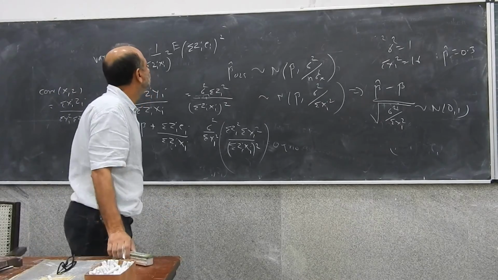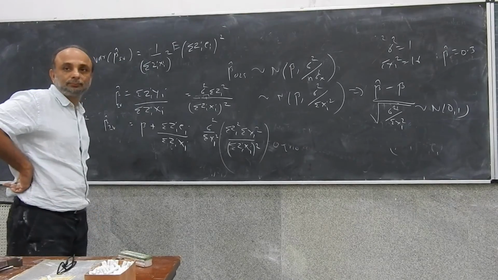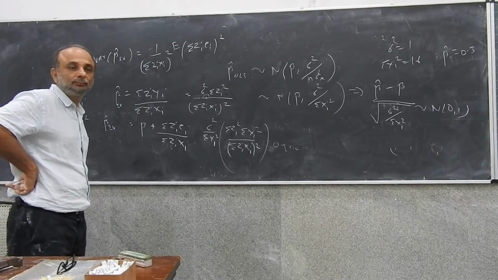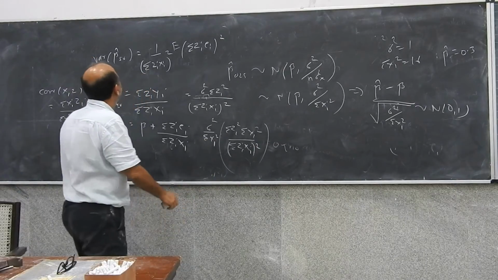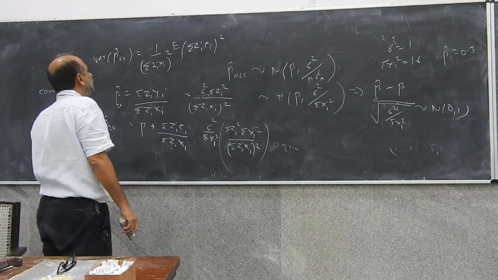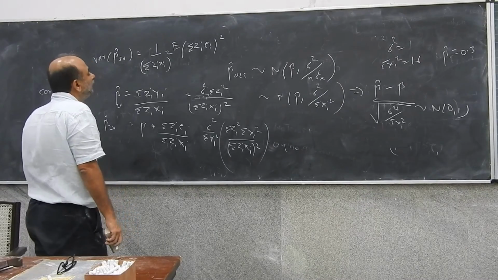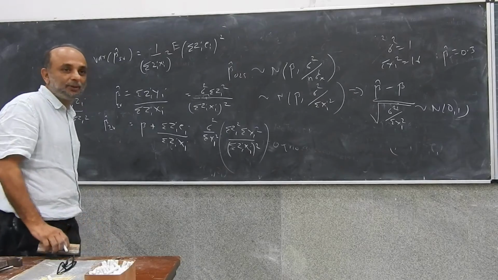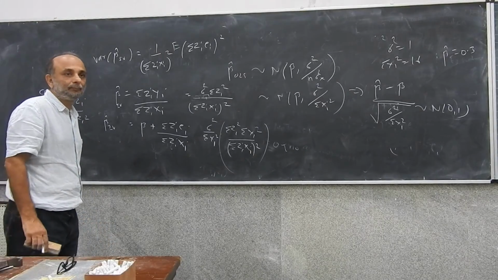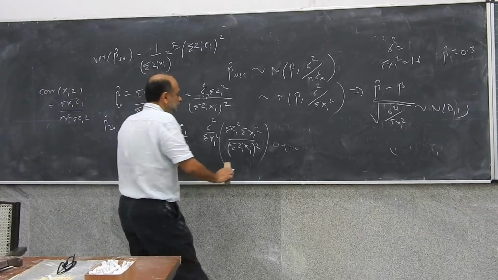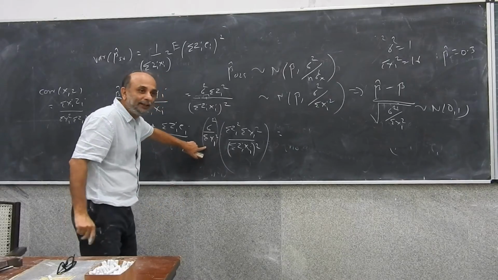What I have done is simply divided by summation xi square, summation zi square. If I divide by summation xi square and multiply by summation xi square, what do you get? You see friends, that this is the variance of beta hat OLS.